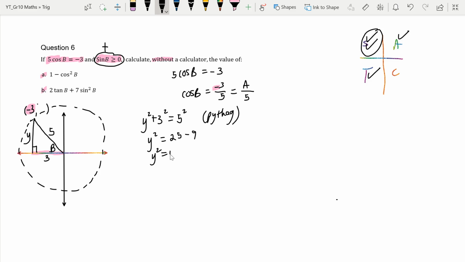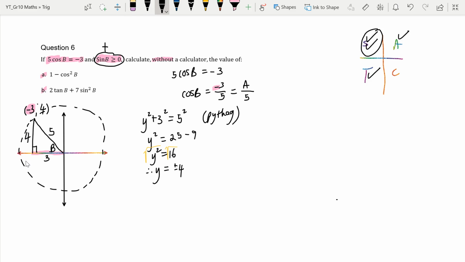So y squared is equal to 16, and therefore y is equal to, well, technically plus or minus 4 if we square root both sides. And then we know that y will be positive 4 because in that quadrant, our y will be positive.